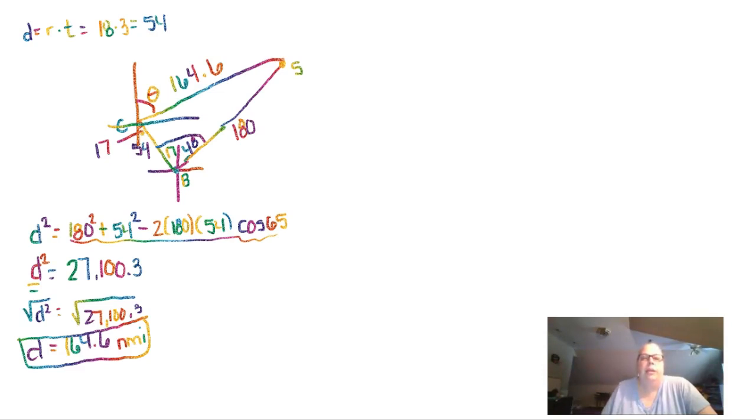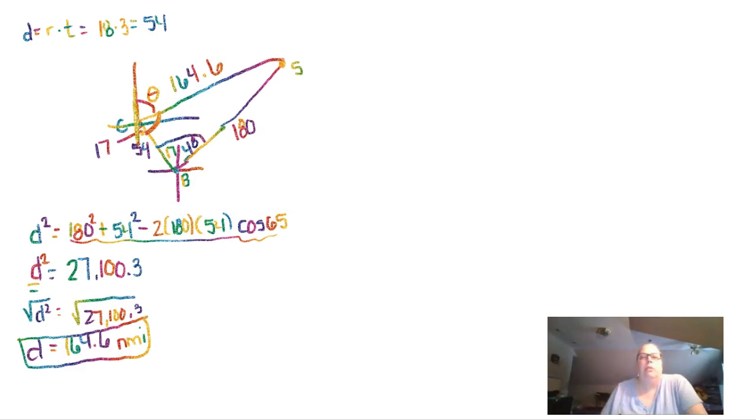This other angle I can get using the law of cosines because it's inside the triangle. When we're finished, I should be able to add 17 plus this angle plus this angle, and that gives me 180, because I have a straight angle here which measures 180 degrees.